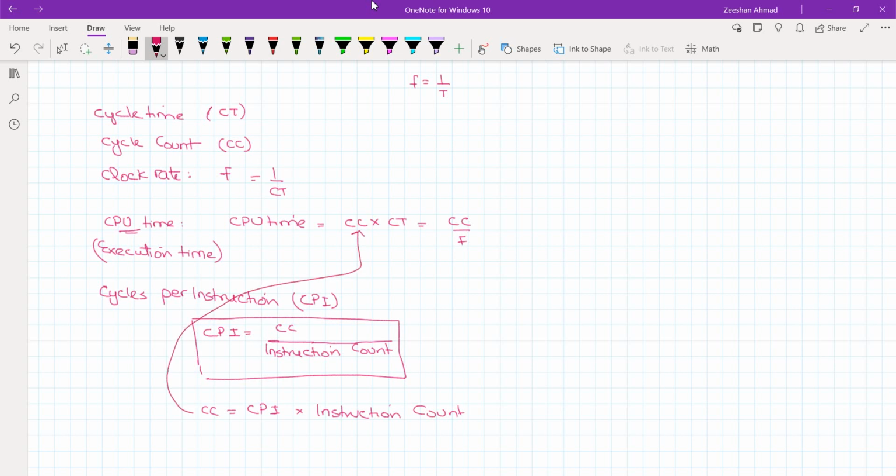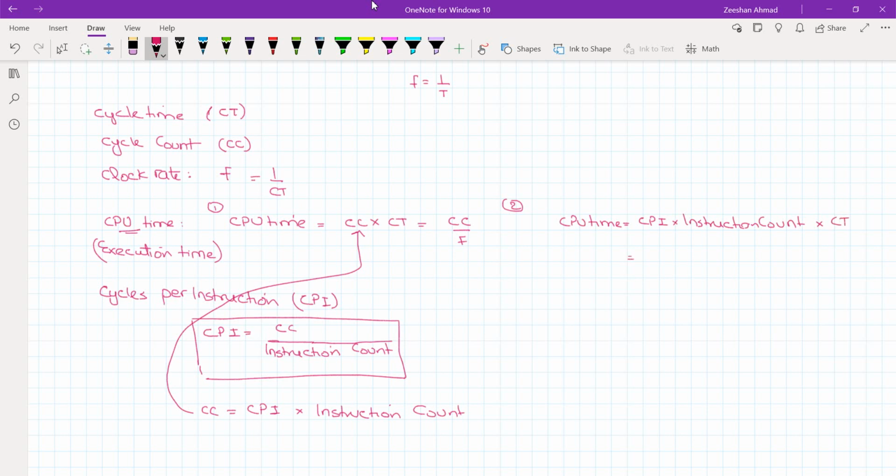So the second formula which we are getting, like this was our first formula, this is the second formula: the CPU time will become basically the CPI multiplied by the instruction count multiplied by the cycle time.